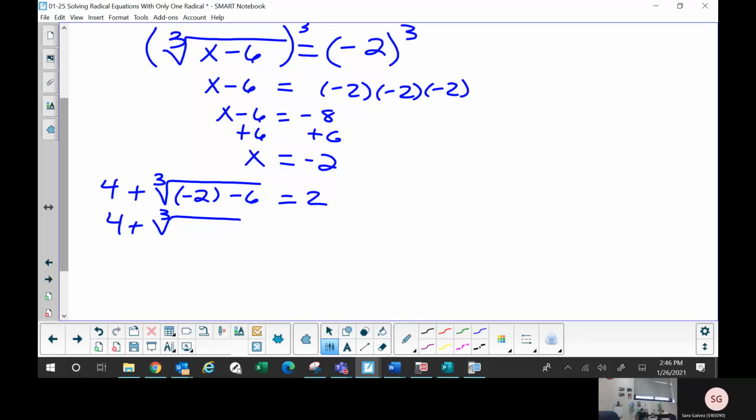That's just -8. So 4 plus, what is the cubed root of -8? -2. Four plus -2, or 4 minus 2, is that 2? So yes, this worked out. Try the next one on your own.